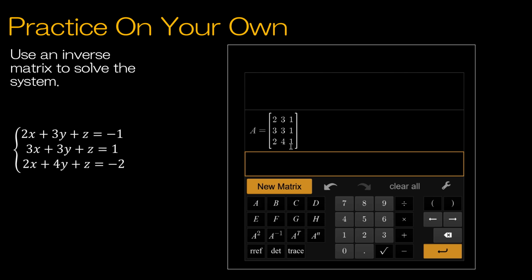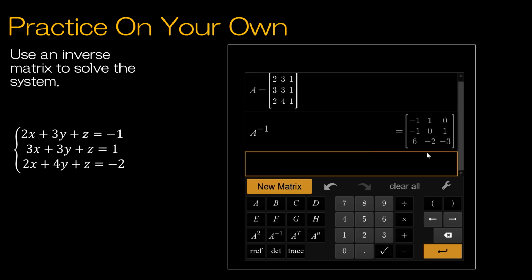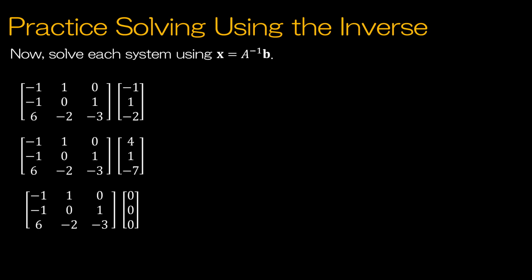So I already have A inputted. I'm going to find A inverse, and that is the inverse matrix that I'm going to now use to solve the system of equations, all three of the systems. Now, we did cheat a little bit on that last one to find the inverse matrix, and that is where this came from.